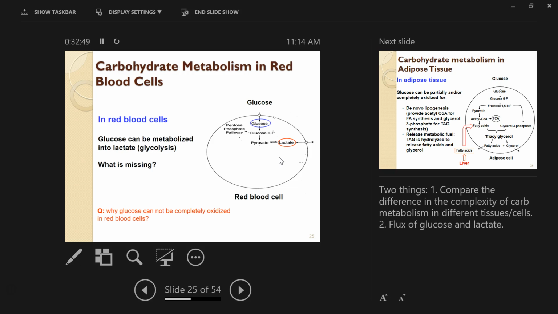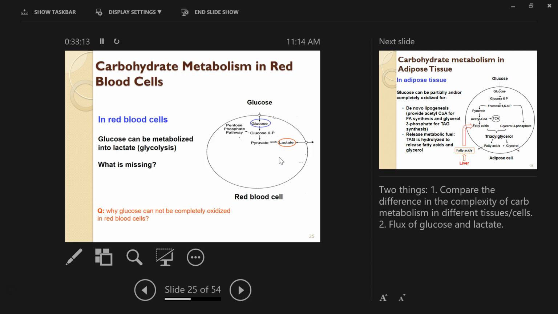That means red blood cells cannot utilize fatty acids or ketone bodies for energy, because fatty acid oxidation and ketone body oxidation all need mitochondria, right?